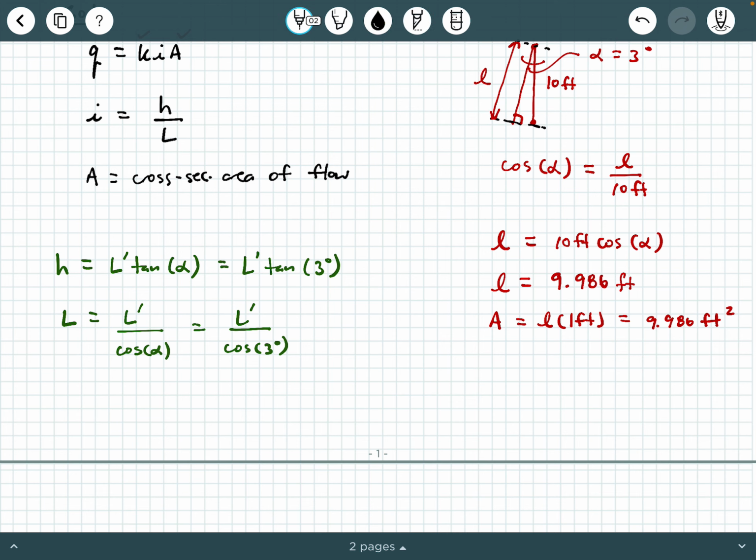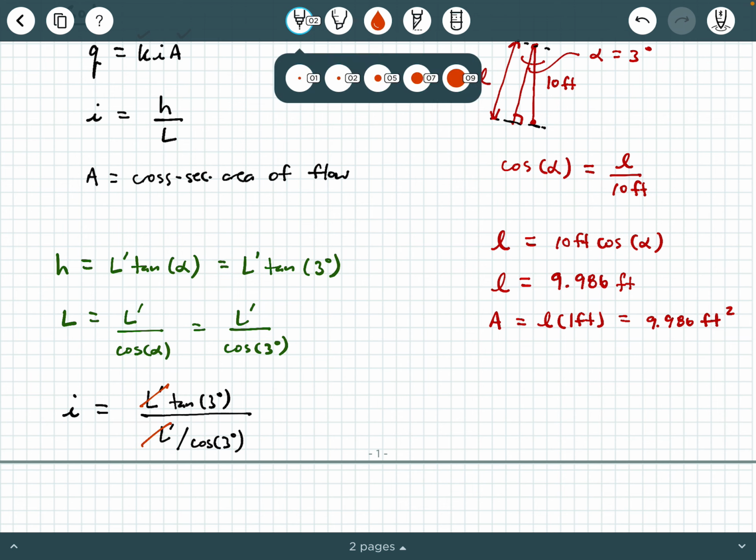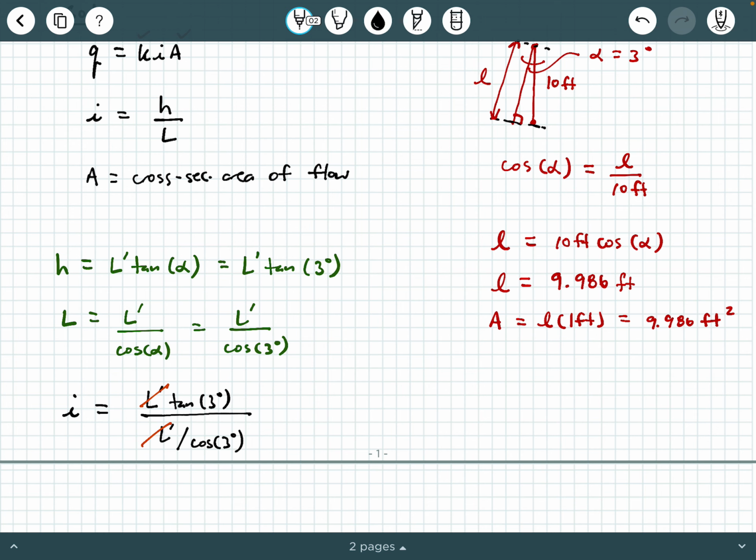Once we get that, we're going to say I is equal to L prime tangent of 3 degrees, because that's h, that's the numerator, and then the denominator here, which is L, is going to be L prime divided by cosine of 3 degrees. And then, of course, we can clearly see that the L primes cancel, and you end up with a tangent of 3 degrees multiplied by a cosine of 3 degrees.